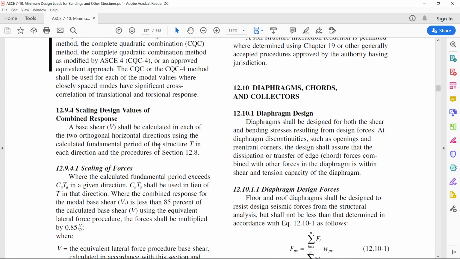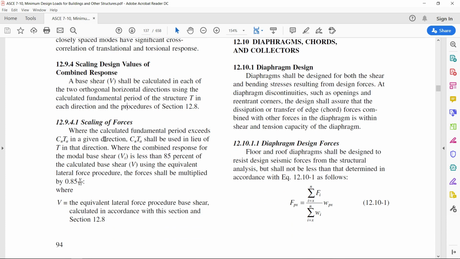That's fine, we have already done. Now the scaling of the forces. Where the calculated fundamental period exceeds Cu into Ta in a given direction, Cu/Ta shall be used in lieu of T. That's okay, we are not exceeding over here.